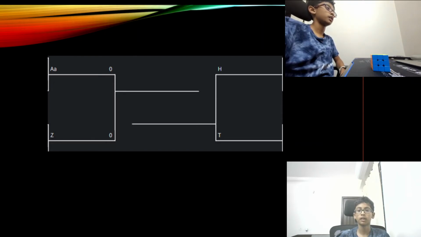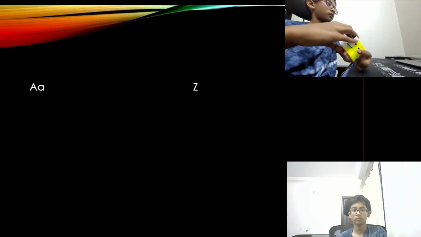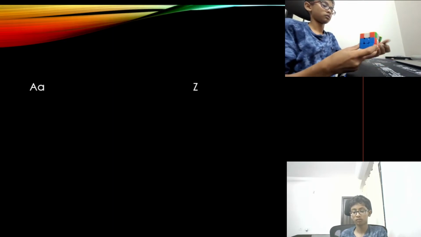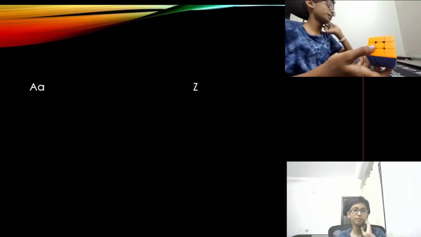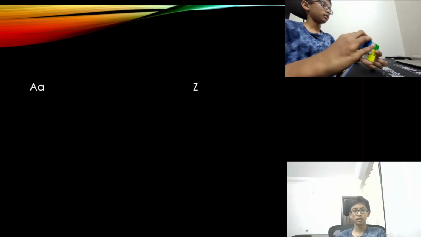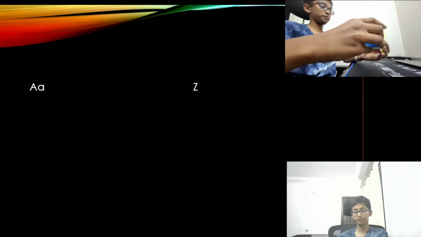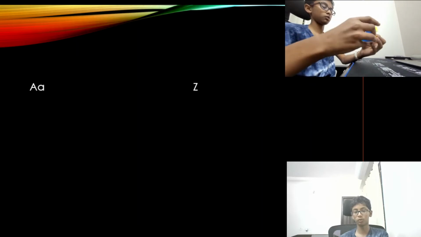Now, before the last showdown, AA and Z, both very good algorithms. That's AA, and here's Z. Obviously, they're about the same speed, but AA is a little bit easier to learn, I'd say, because the finger tricks you can understand very early, even without watching any tutorial.